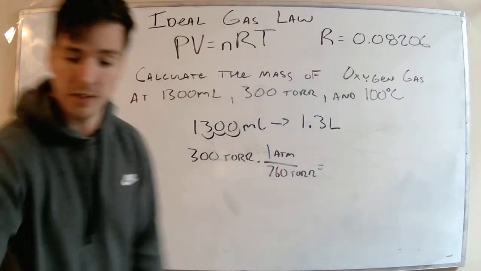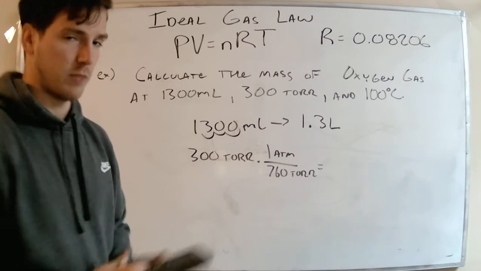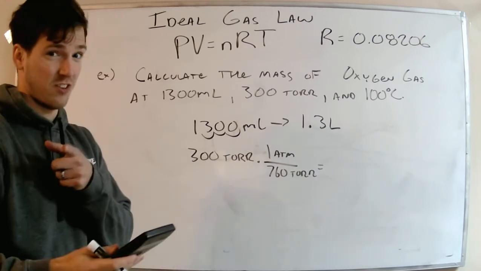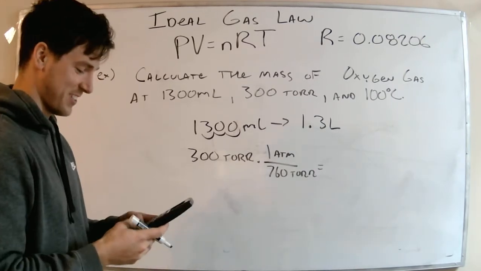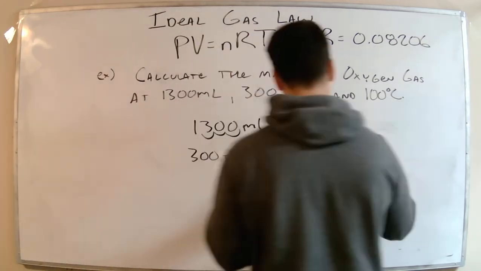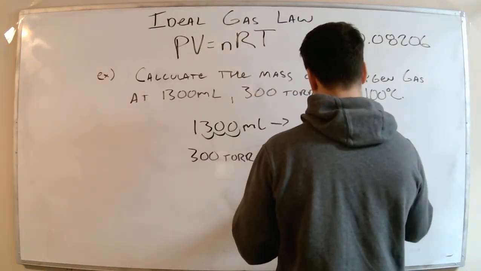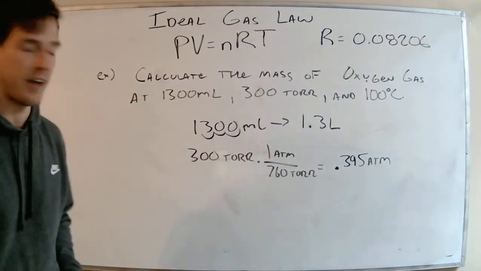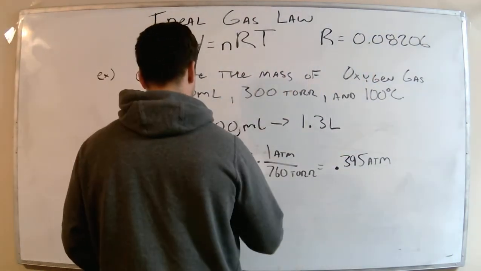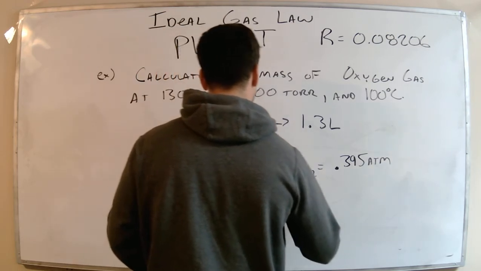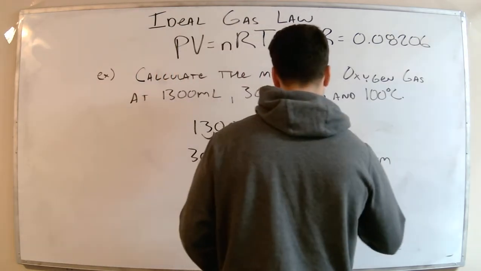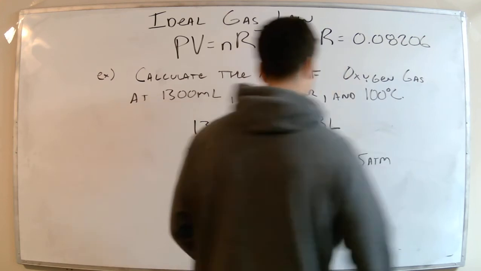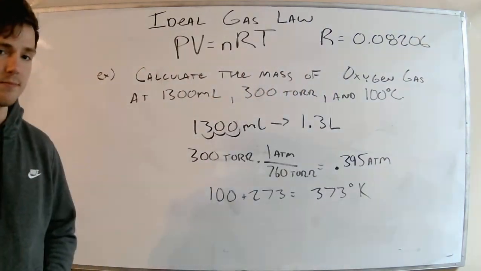So 300 divided by 760 gives me 0.395 atm. And Celsius, we don't like that. We better change that to Kelvin by adding 273, which gives us 373 Kelvin.